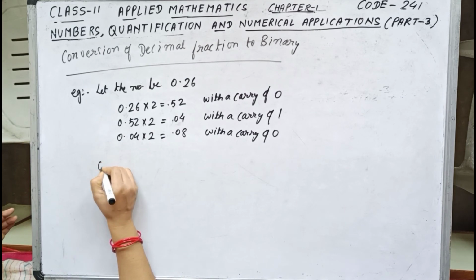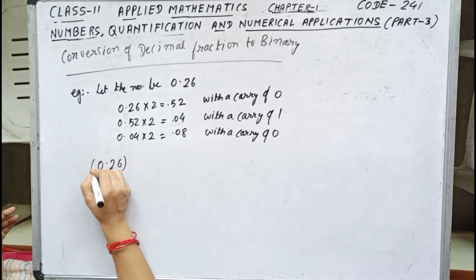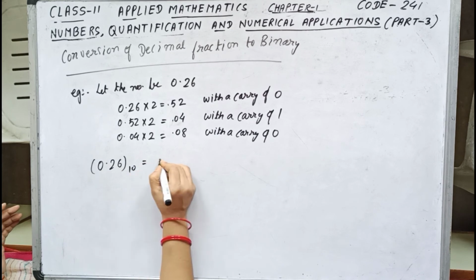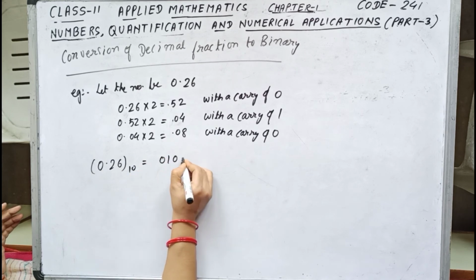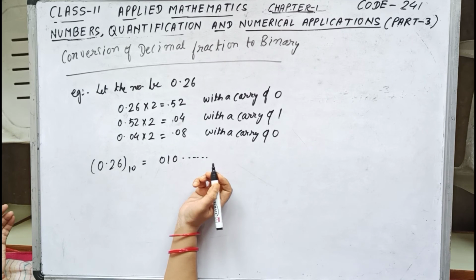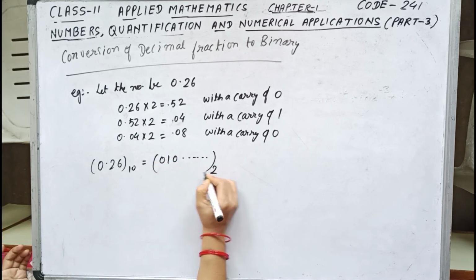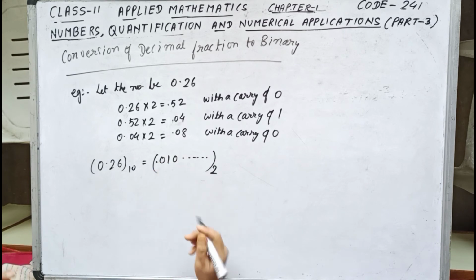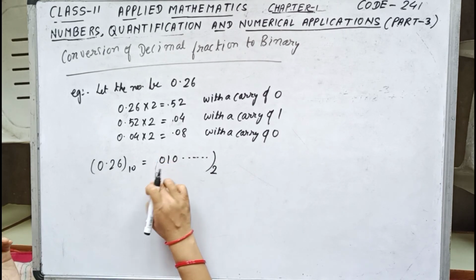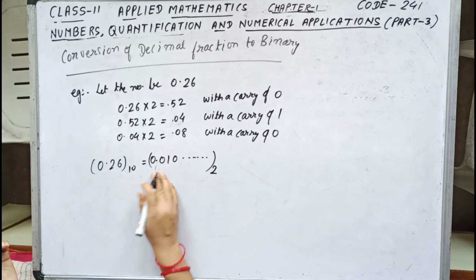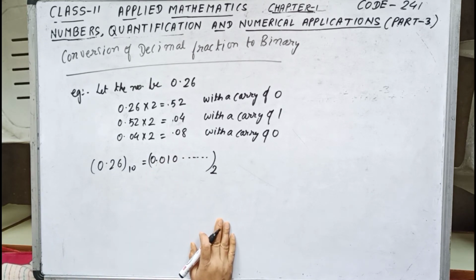So we can write over here 0.26 as 0 1 0 and so on, in decimal form, and with the base 2. Over here don't forget to put the decimal point. So it is 0.010 and so on.